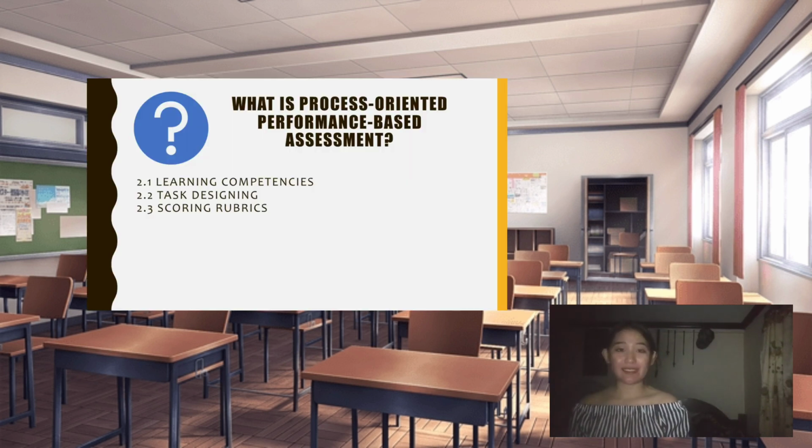So, let's go to task designing. Learning tasks need to be carefully planned. Here are some generally accepted standards for designing a task. First, we need to identify an activity that would highlight the competencies to be evaluated. Second, we need to identify an activity that would entail more or less the same sets of competencies.